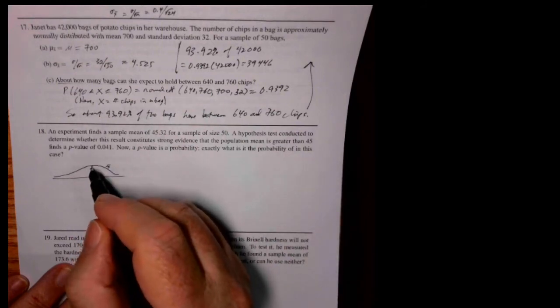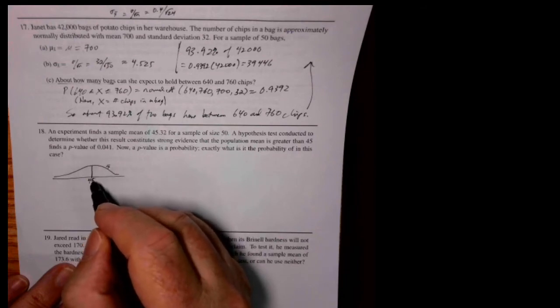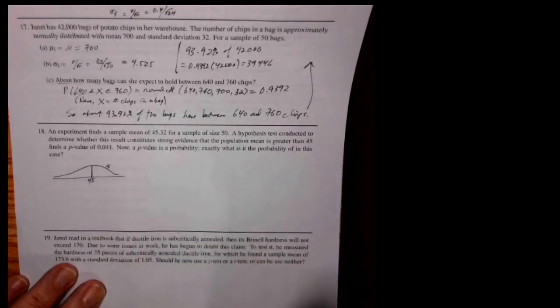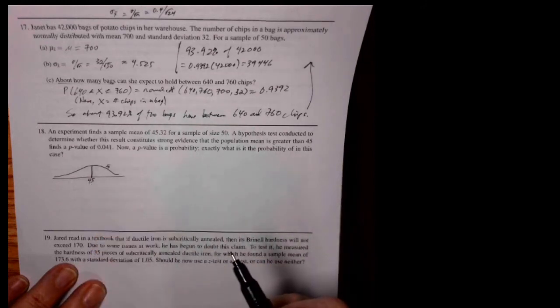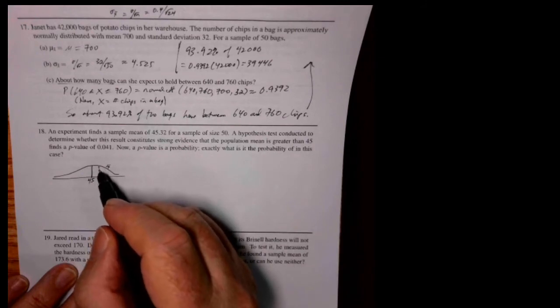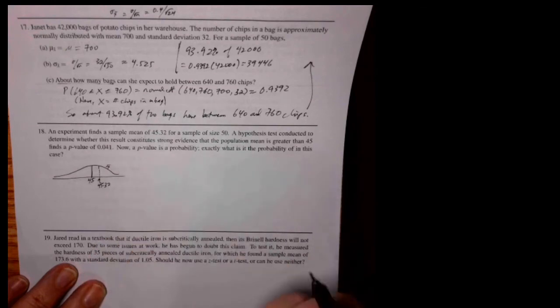So this x-bar is normally distributed, and the mean is going to be 45. The mean of the population is hypothesized to be 45, and so the mean of the sample means is also 45. 45.32 will be some number about right there, to the right of 45.